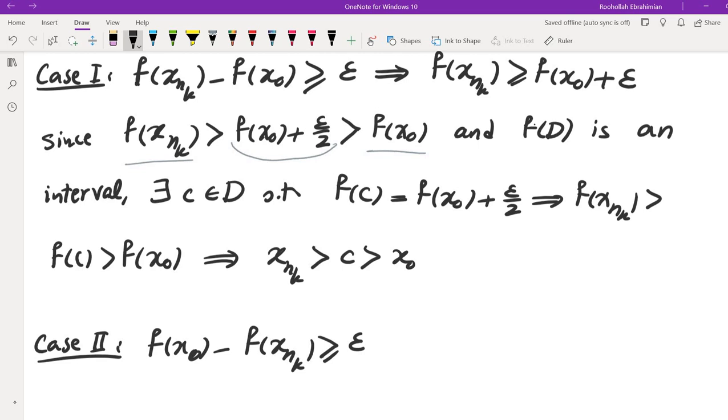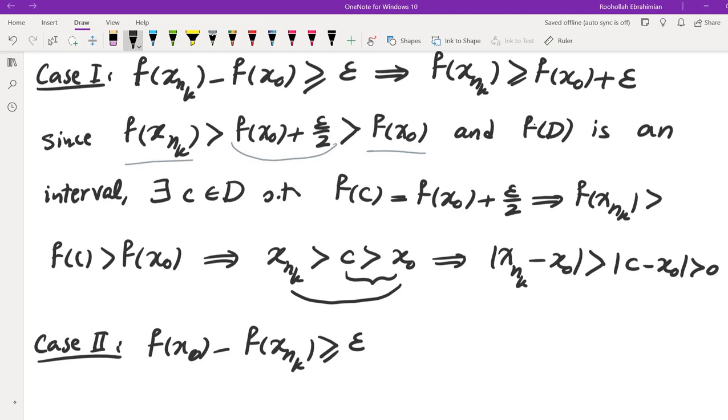So xnk minus x naught is more than c minus x naught, which is a positive number. This distance is less than this distance. C minus x naught is a fixed number. So that means xnk cannot approach x naught, because xnk minus x naught is more than a fixed positive number.